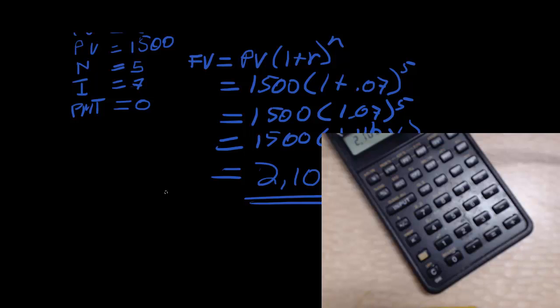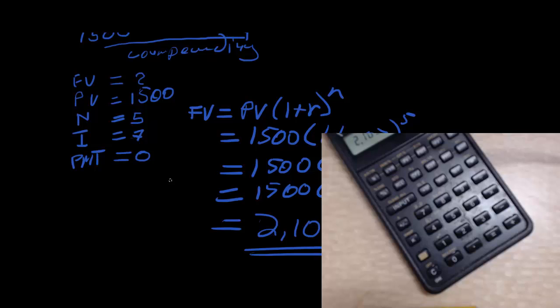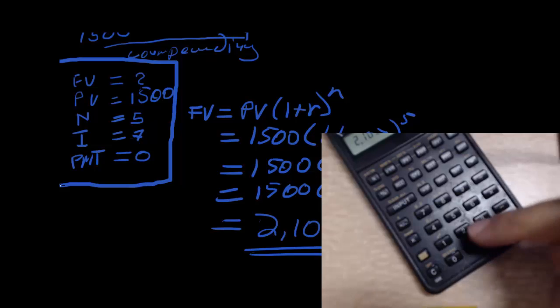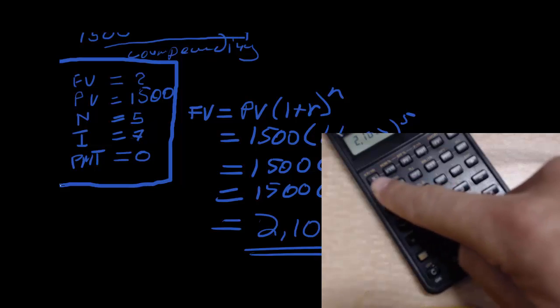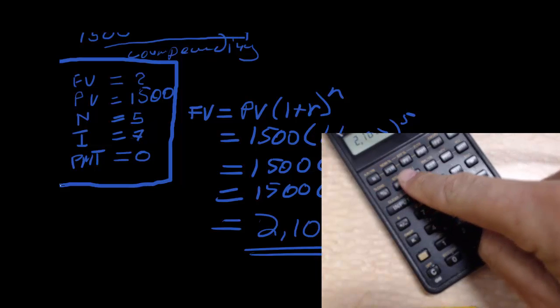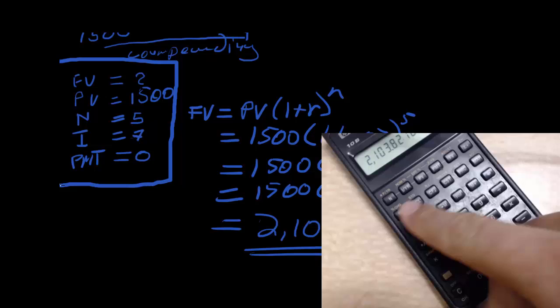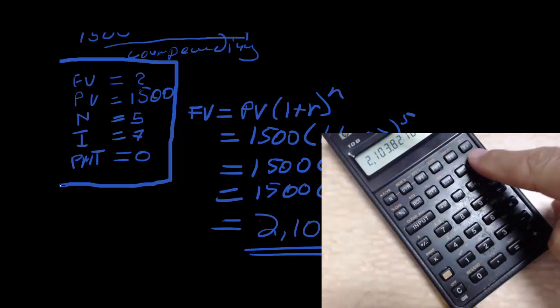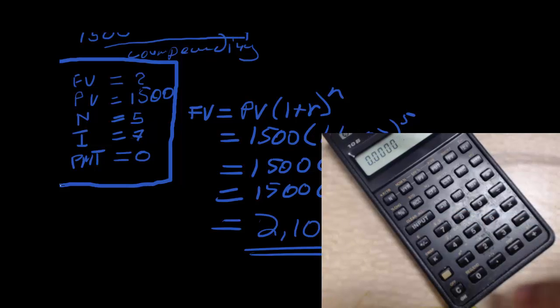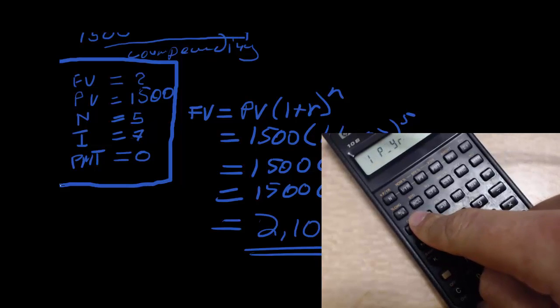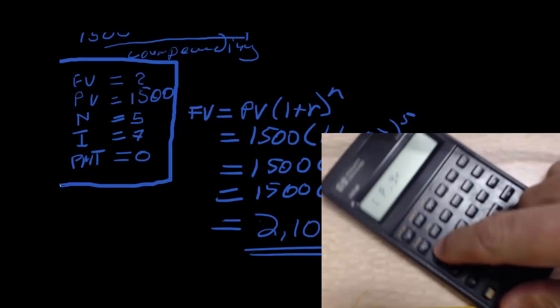However, there is another way to calculate this, and if we keep our focus on our little cheat sheet here, then what we can do is use the future value buttons that we have up at the top row. These future value buttons are going to do some of this calculation for us. And so the first thing I want to do is clear everything out. You'll notice that when I hit this, it says 1 period per year.